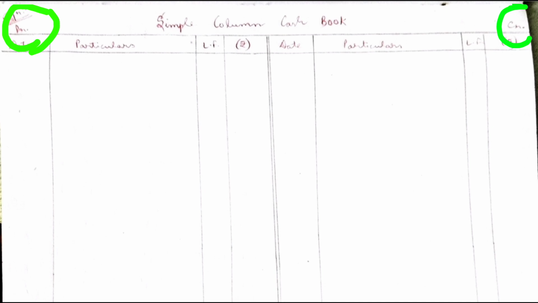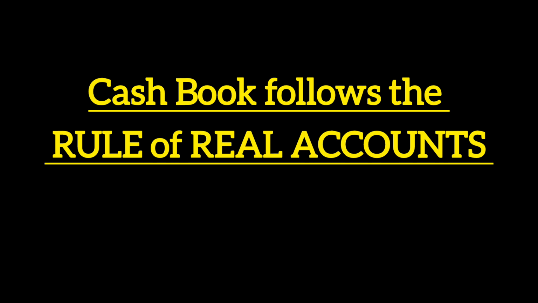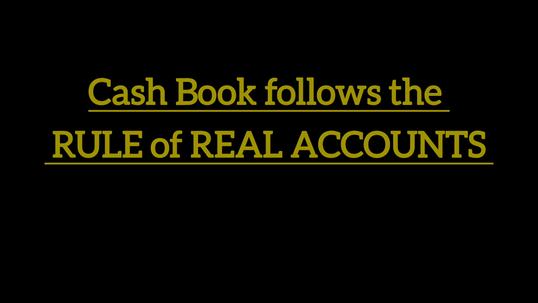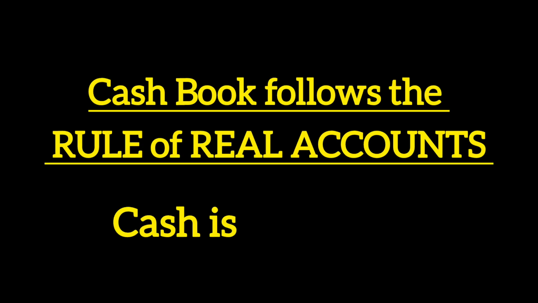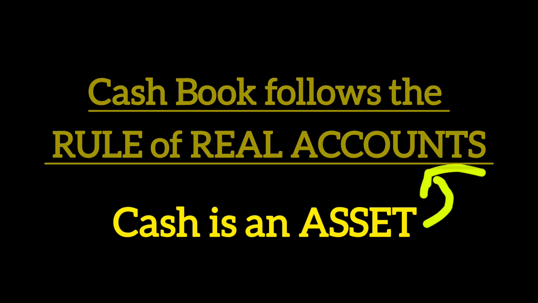In my previous video I stated that cash book always follows the rule of real accounts. Why does it follow the rule of real accounts? Because cash is an asset, and anything which is an asset comes under the category of real accounts. What does the real account state?